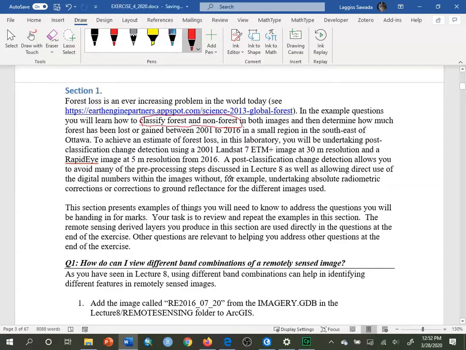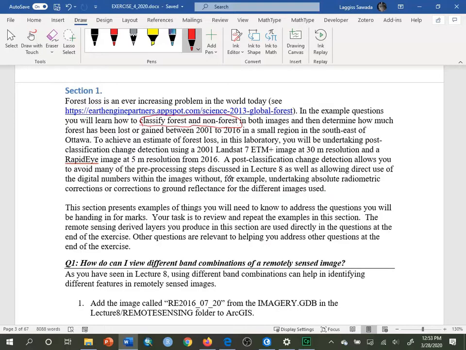So to take a remotely sensed image that has multiple spectra, which is called a multispectral image, and use the information in the different bands of the multispectral image to use machine learning to classify or distinguish between forest and non-forest in images from two different time periods, to determine how much forest has changed and where it has changed more specifically.